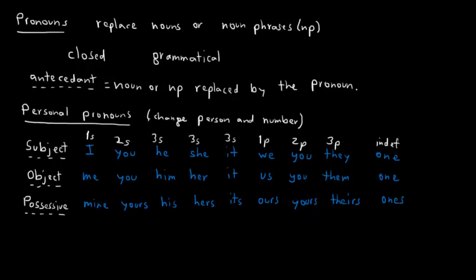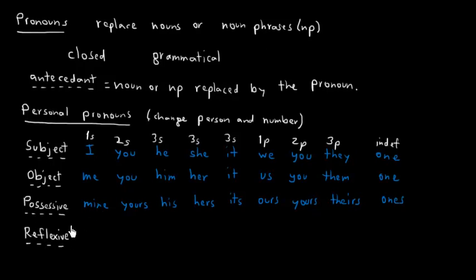Okay, and then finally we have the reflexive. And the reflexives are object pronouns. They're used as the object of a verb or the object of a preposition, but they indicate that the object and the subject are the same.